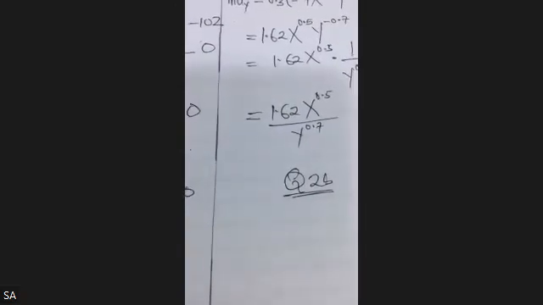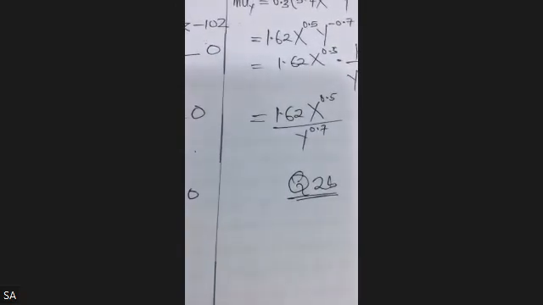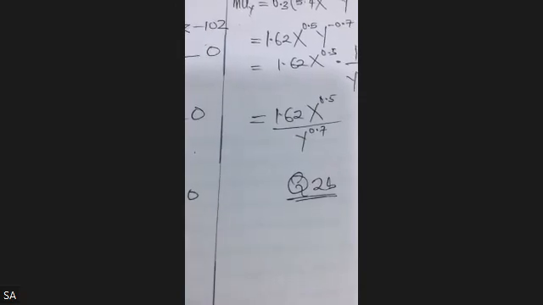Now, class, when you hear isoquant, iso means the same. Iso means equal. Iso means similar.